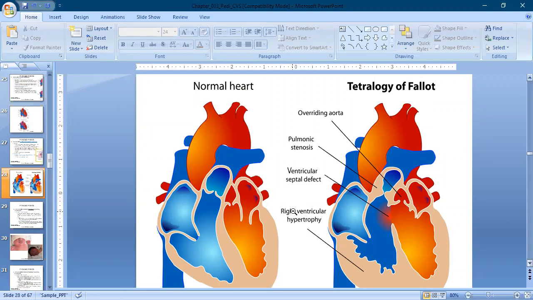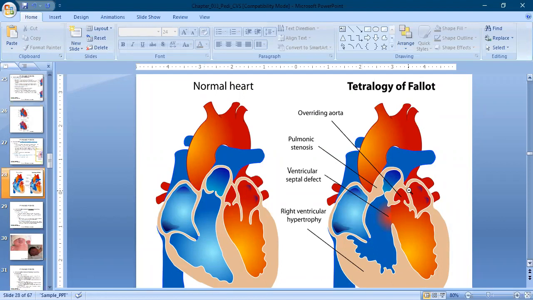Congenital heart disease, as I told you, is an anatomical, structural abnormality, right? Why structural? Because there is an abnormal opening in the ventricular septum, the atria have openings, or there is stenosis or overriding, all are structural.